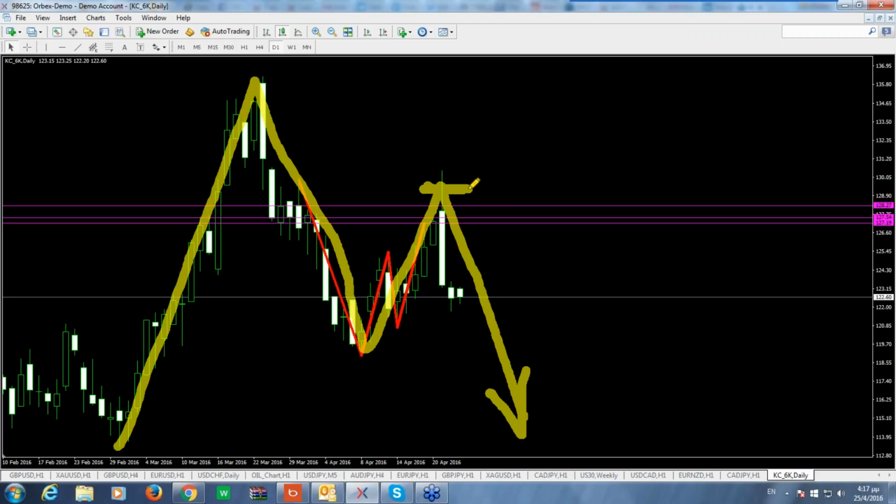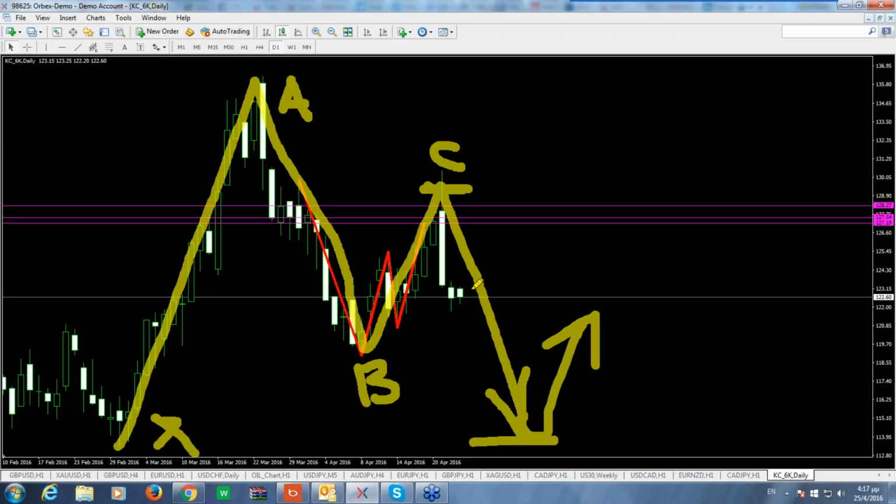This is your C, that's your B here, that's your A, and that's your X. This is an M-like pattern, and usually once it's reached around here, it will make its way up. So there is still a bit of a long way down for coffee at the moment.